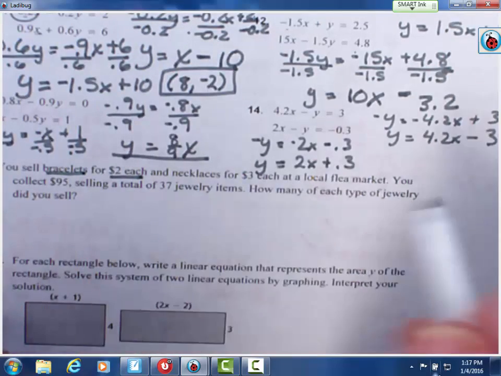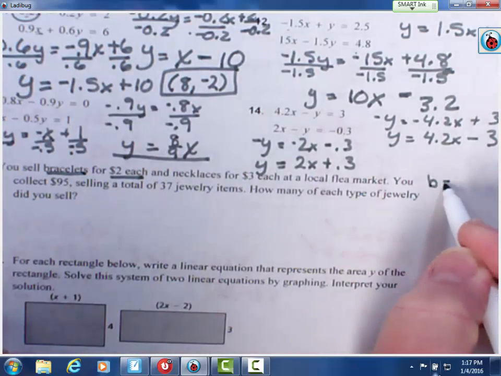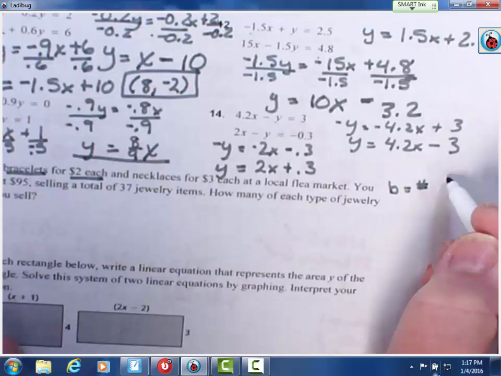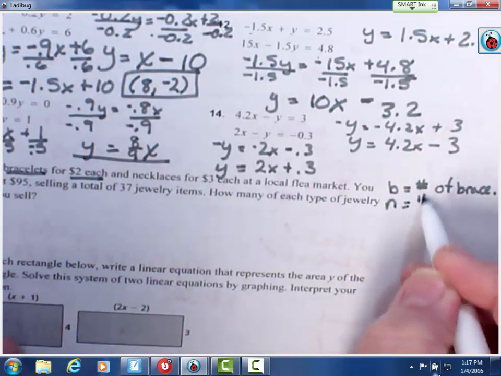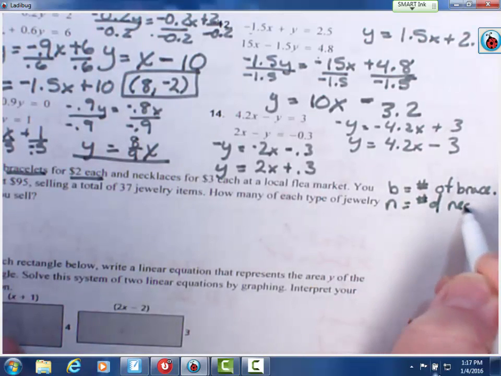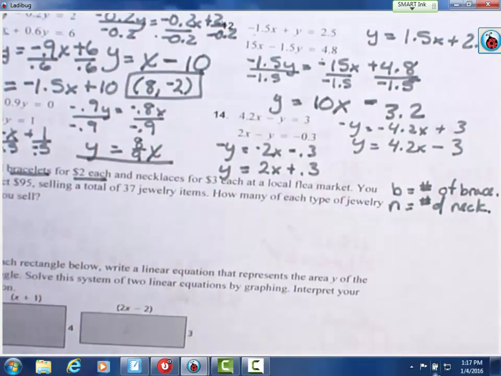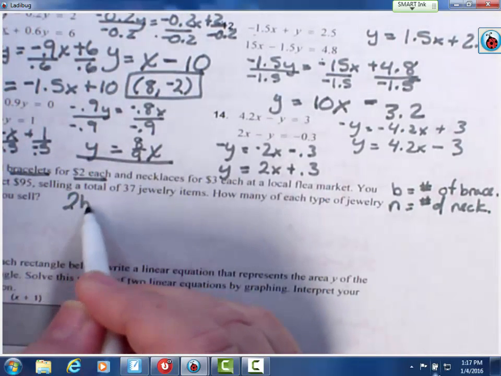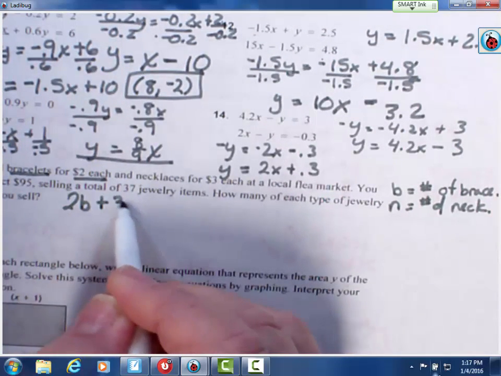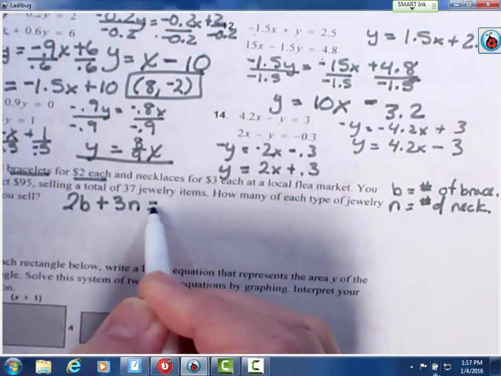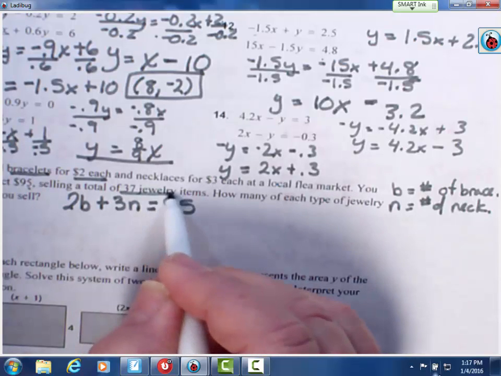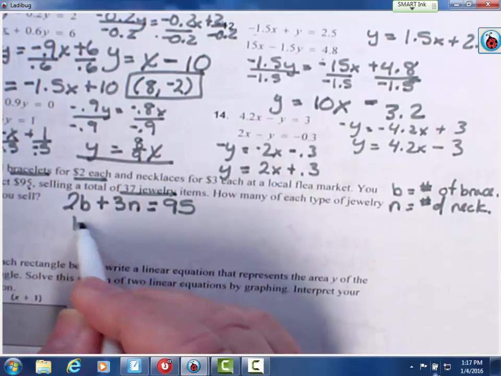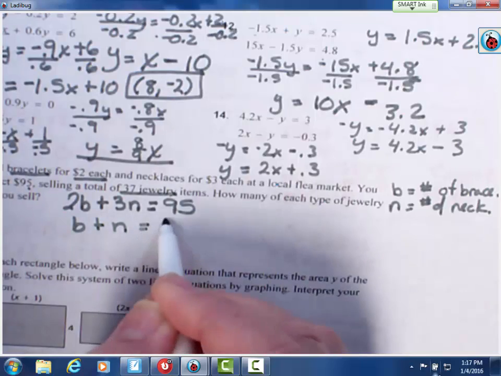So if I let B stand for the number of bracelets, and N stand for the number of necklaces. All right, then I know that 2B plus 3N is going to equal $95. I also know that I sold 37 items, so the bracelets plus the necklaces equaled 37.